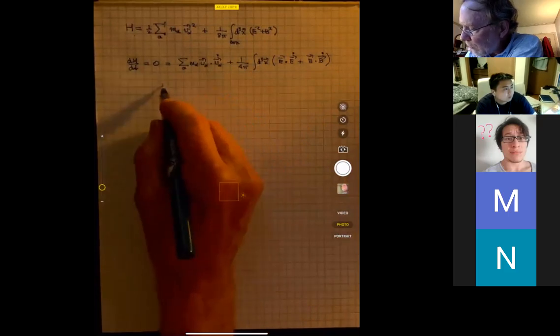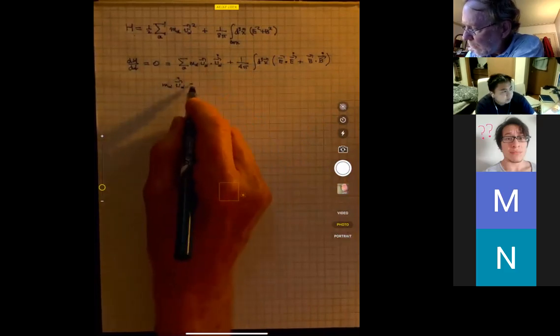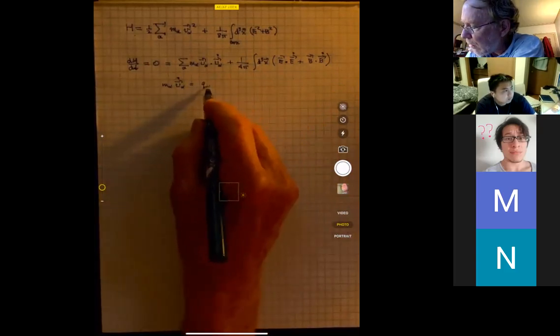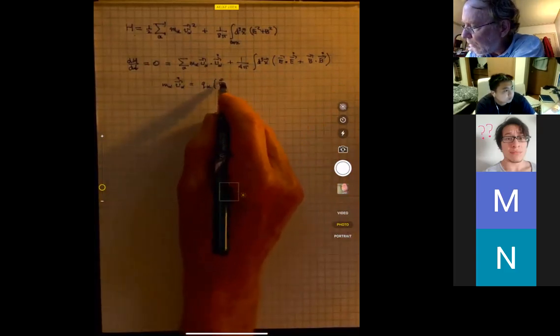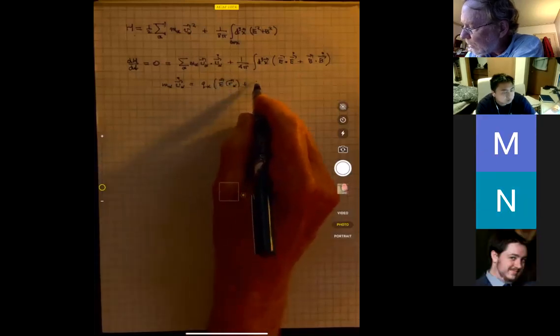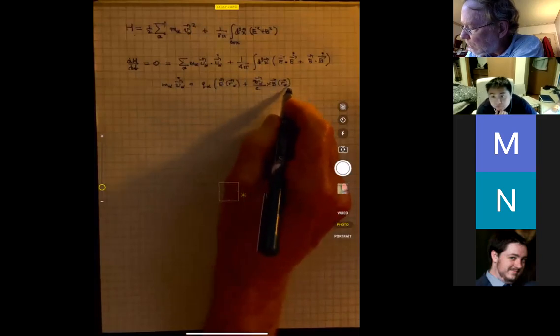Well, in the first term, the mass times the acceleration v alpha dot is just given by the Newton-Lorentz equations of motion. It's the charge q alpha times the electric field evaluated at the particle position r alpha plus v alpha over c, the velocity, crossed into the magnetic field evaluated at the same position, like that.